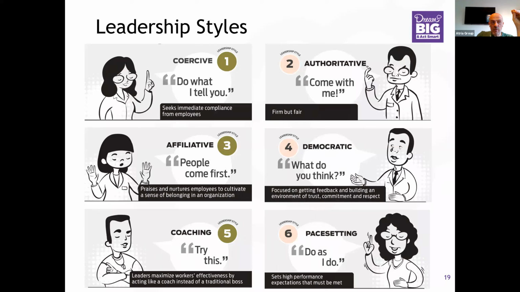Pace setting and directive from the position of results, because everything is clear. Affiliative from the position of creating good energy, and when you create a culture of cooperation, culture of appreciation, culture of respect, people are ready to go and follow best practices. What is not such a good approach in simple context is coaching. Why?